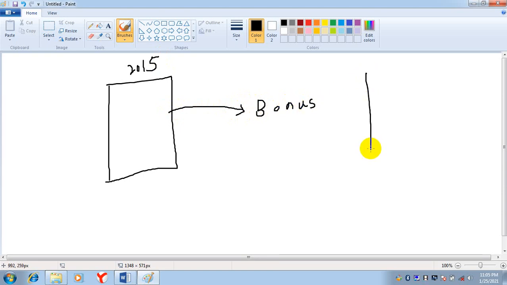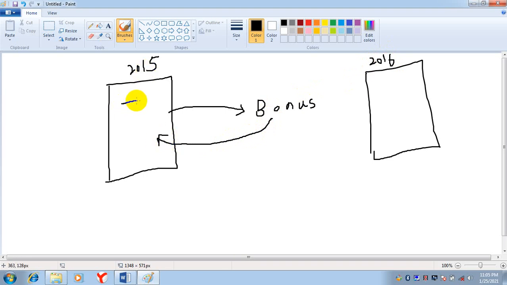But the bonus will be paid in 2016. But since this bonus is the reward of the duties in 2015, we will record it in 2015 and not in 2016.